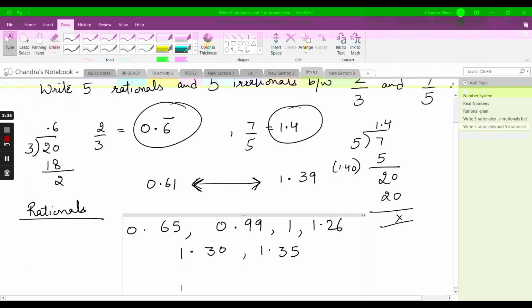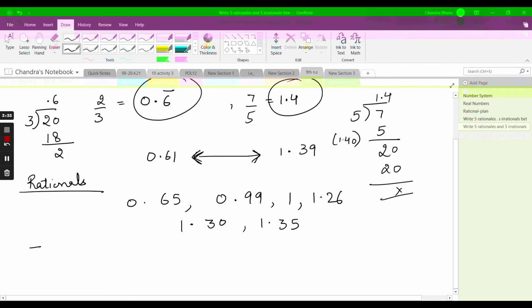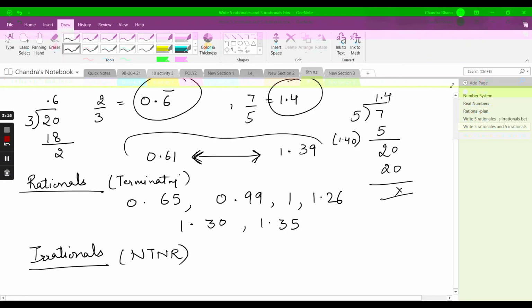Now I want to write some irrationals. Rationals were terminating and irrationals are non-terminating, non-repeating. So between these two, I'm going to take a few numbers which follow that pattern. It will be 0.63, 633, 6333, like this, dot, dot, dot.